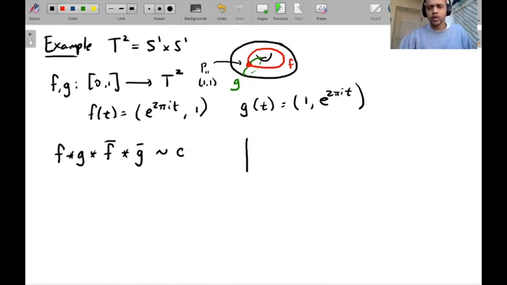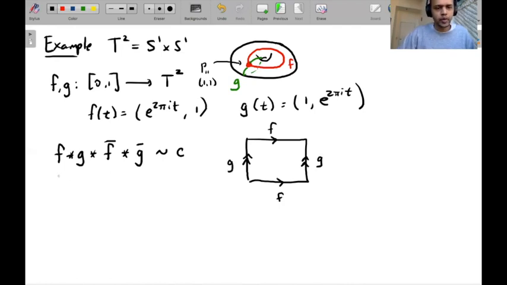We can see this pictorially: if we cut this torus along F and G, what we get is exactly a square here. So F, F, G, G.